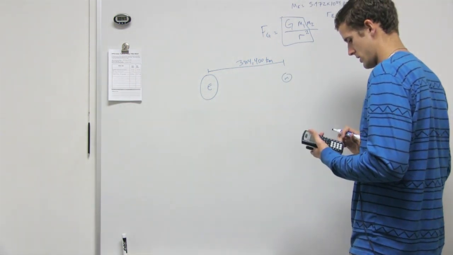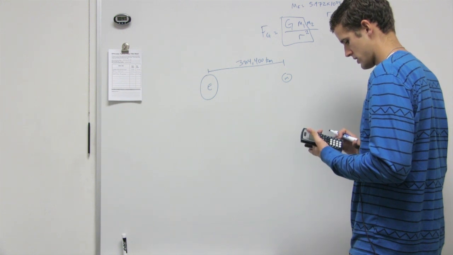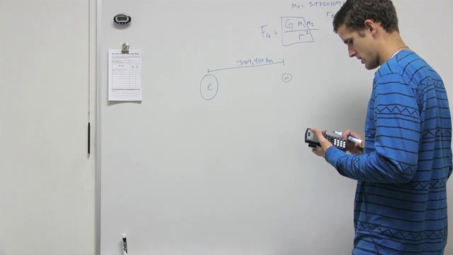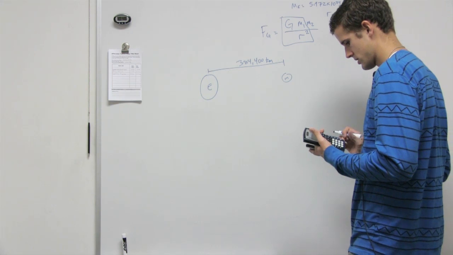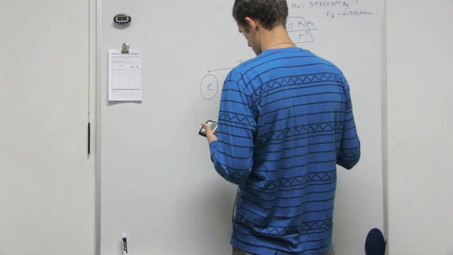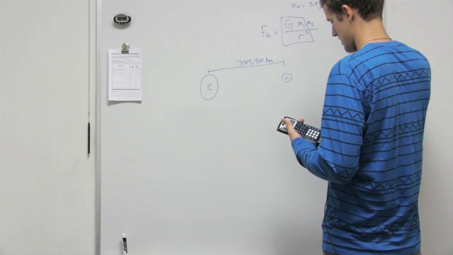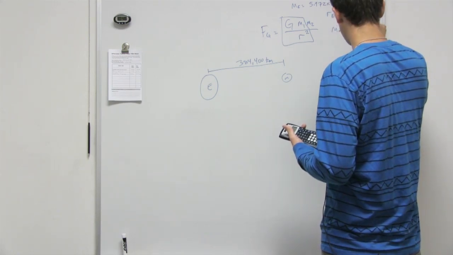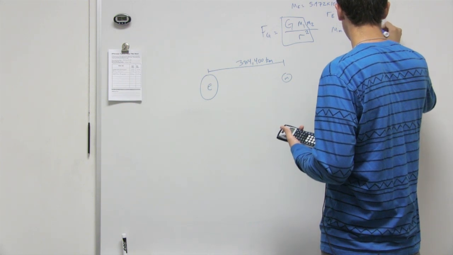And then we need the mass of the moon. The mass of the moon is 7.348 times 10 to the 22nd kilograms.